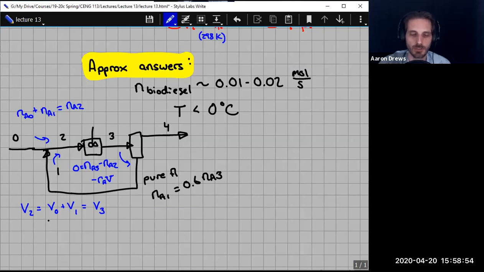And so I believe you're given V sub 0, that hasn't changed. And then you'll have to express V sub 1, as somebody had just mentioned in the chat, as volumetric flow rate, which you can calculate by knowing this information over here, along with density and molar masses. So you might have to look up a molar mass.